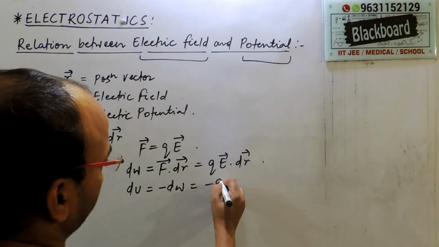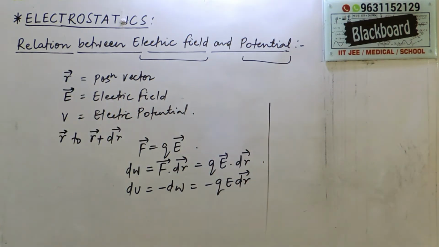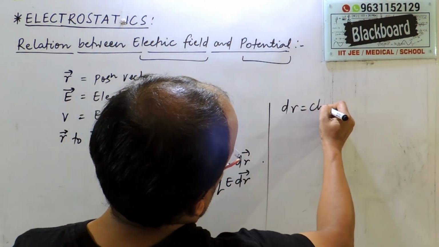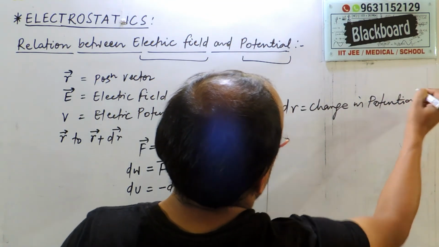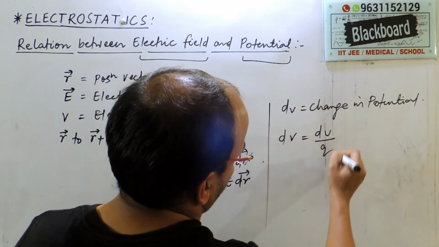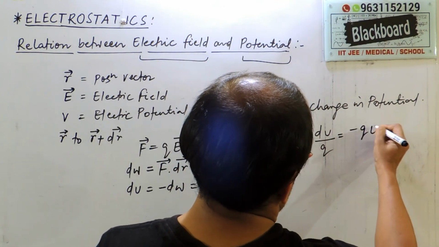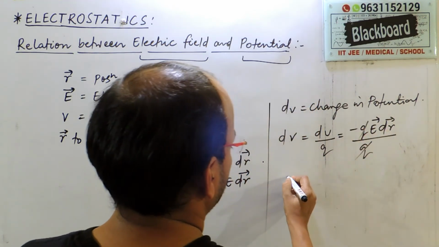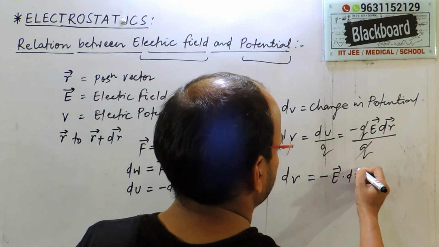That means this is minus Q E dot dr. And here change in potential is dV, where dV is equal to dU by Q. dU is minus Q E dot dr divided by Q. Q cancels, that means you can write dV is equal to negative of E dot dr.